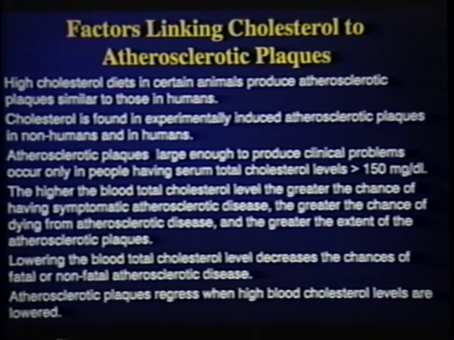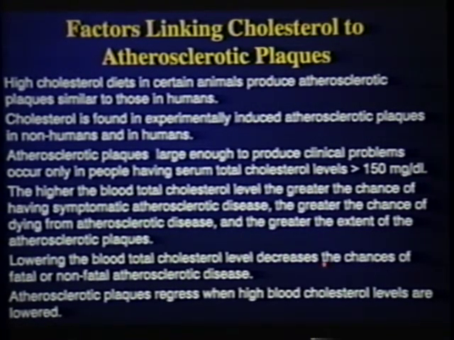Items 4, 5, and 6 were solidified the last decade. The higher the blood total cholesterol level, the greater the chance of having symptomatic atherosclerotic disease, the greater the chance of dying from atherosclerotic disease, and the greater the extent of the atherosclerotic plaques. Item 5 cost us millions of dollars as taxpayers.